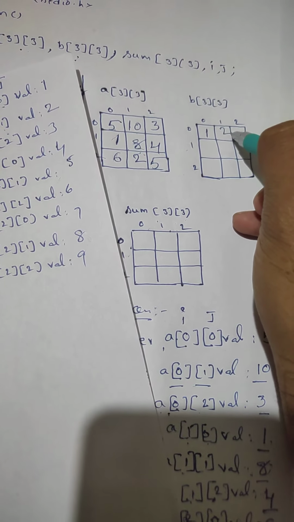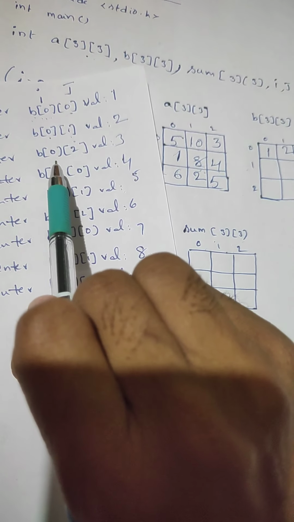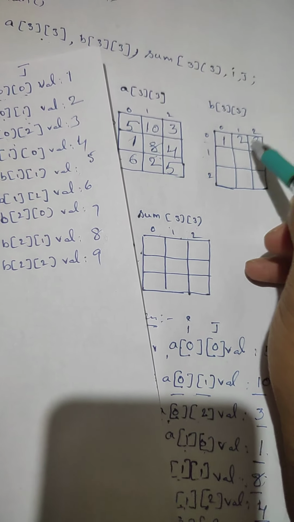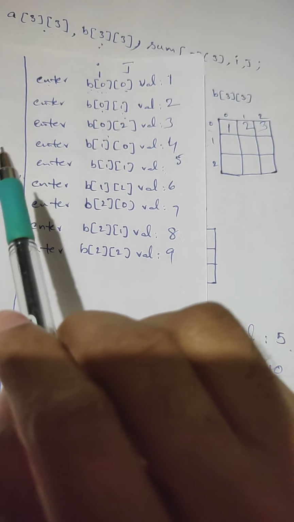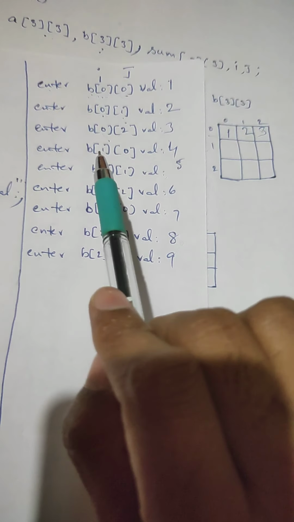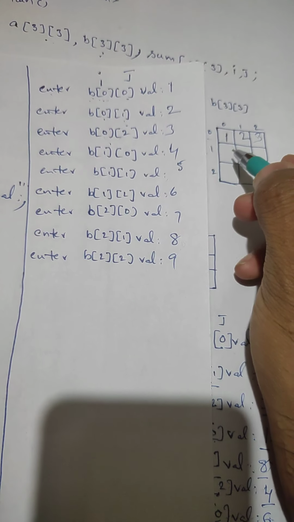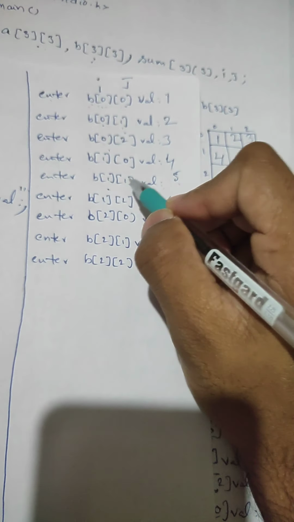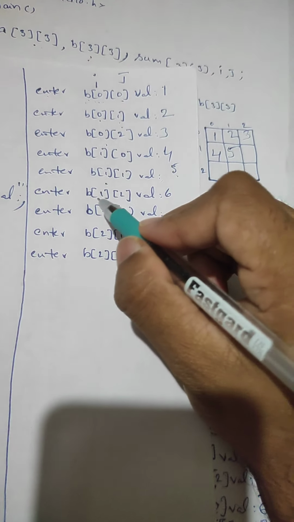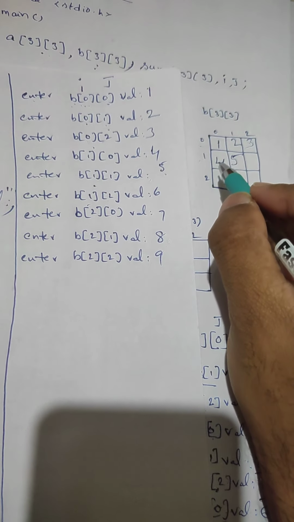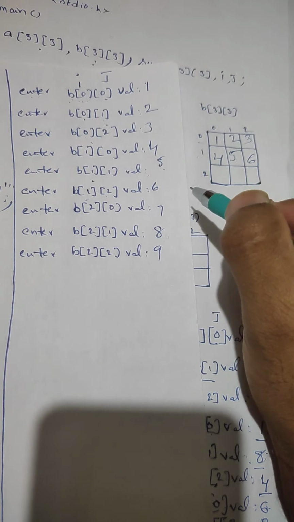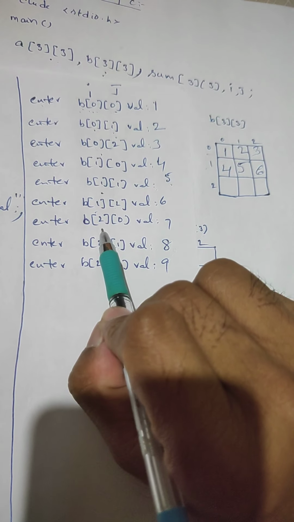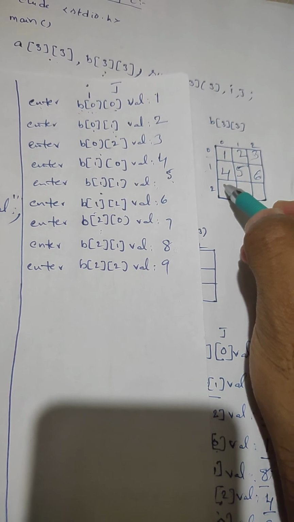The next value is stored in B of 0th row second column. 4 is stored in B of first row 0th column. Next, 5 is stored in B of first row first column. The next value is stored in first row second column. Next, the 7 value is stored in second row 0th column.